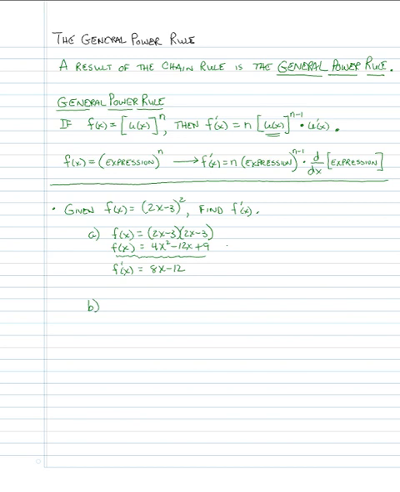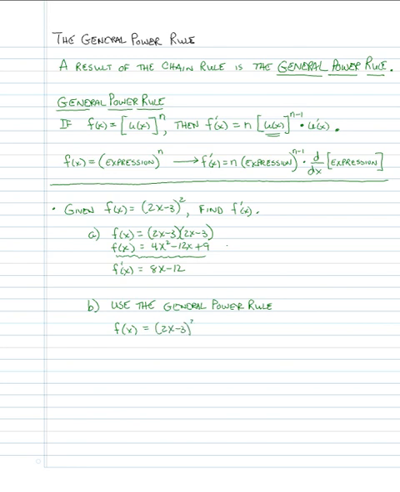Now, let's use the general power rule. Okay, so this time we're going to use the general power rule instead of expanding. Okay, here's, let me just rewrite the function so we have it in front of us.